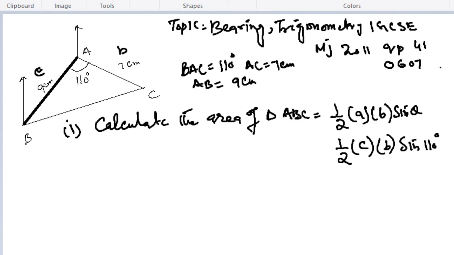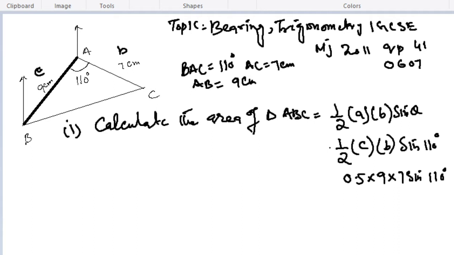So let's get the area now. Area becomes 0.5. Put the values here first, please. 0.5 into, what is the value of c? c is 9 centimeters. What's the value of b? b is 7 centimeters. And sine 110 degrees. So 0.5 into 9 into 7 into sine 110.